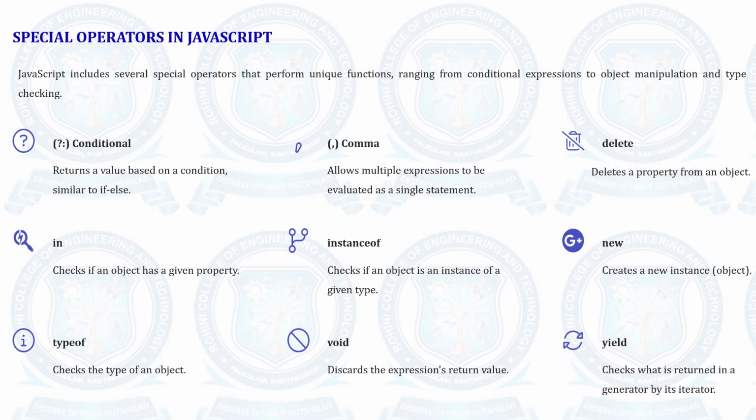In: checks if an object has a given property. Instanceof: checks if an object is an instance of a given type. New: creates a new instance. Typeof: checks the type of an object. Void: discards the expression's return value. Yield: pauses and resumes a generator function.